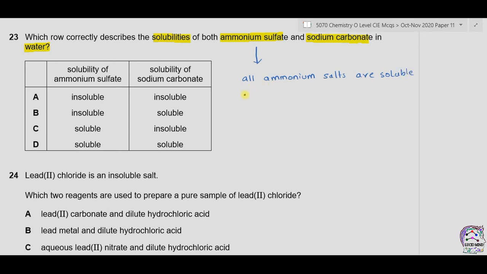Similarly, you should also remember that all sodium salts are soluble. So whether it is ammonium sulfate, ammonium nitrate or any other salt of ammonium, and sodium carbonate, sodium chloride, sodium sulfate or any other salt of sodium, they are always soluble in water. So ammonium sulfate is soluble, sodium carbonate is also soluble. The answer is therefore D.